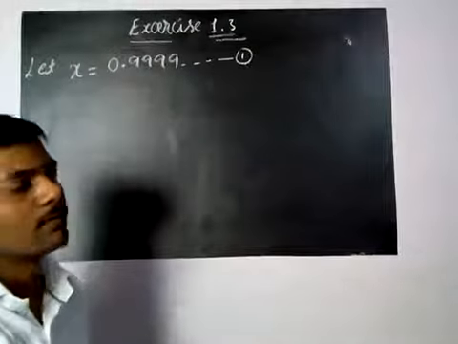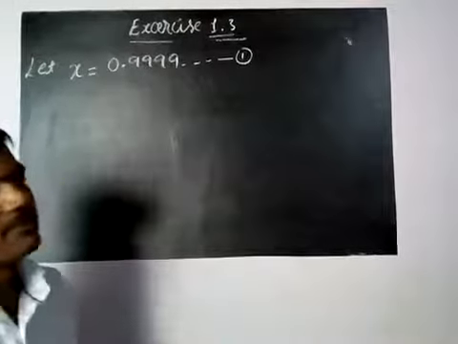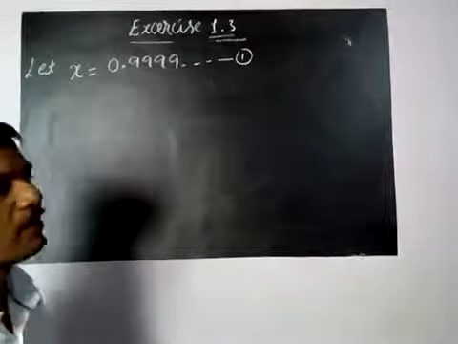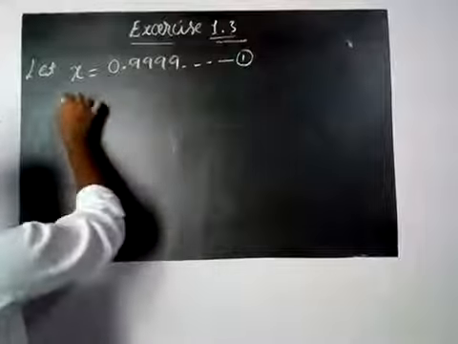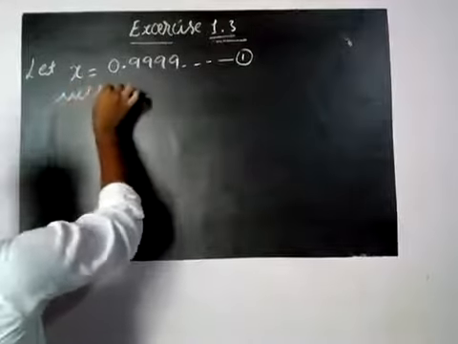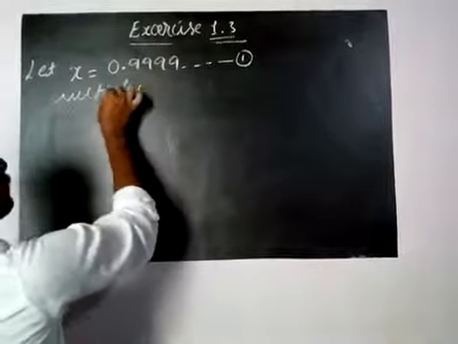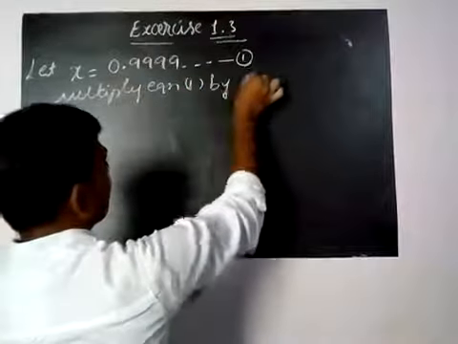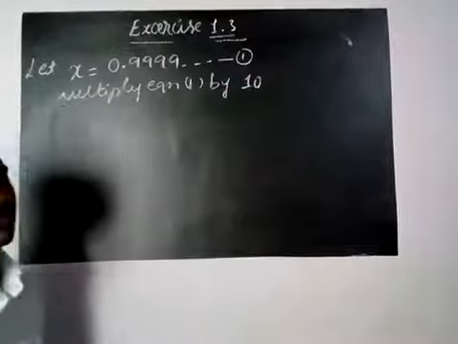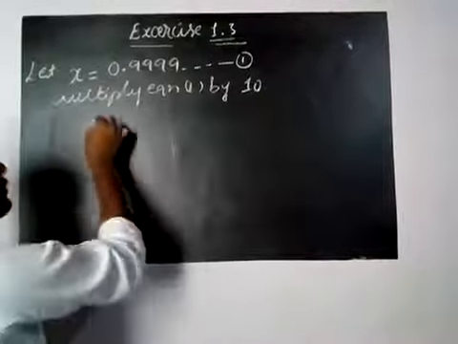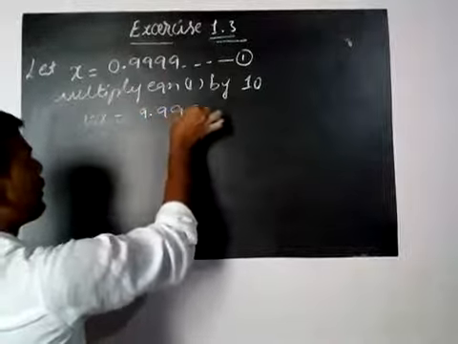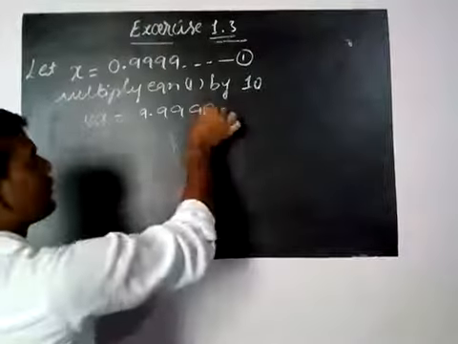Next, which digit is repeated here? Only one, that is 9 only. So we have to multiply by 10. Multiply equation 1 by 10. What do we have? 10x is equal to 9.99 and so on.